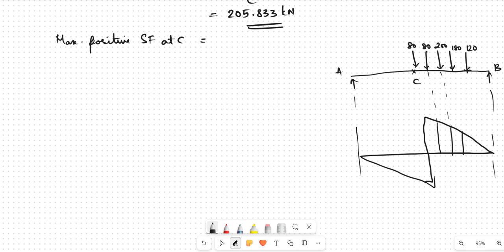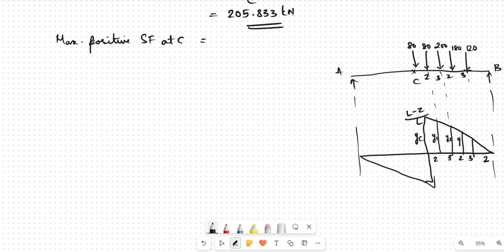The spacing also was given: 2 meters, 3 meters, 2 meters, 3 meters. So this is the critical ordinate yc, which is L minus Z by L. Let this be y1.